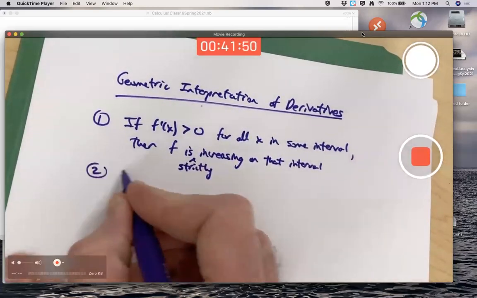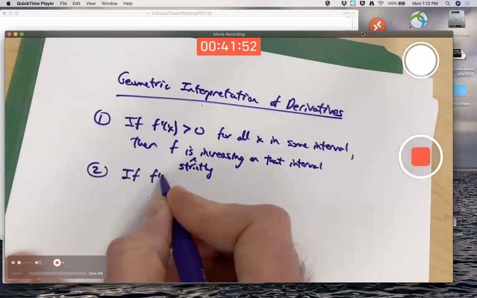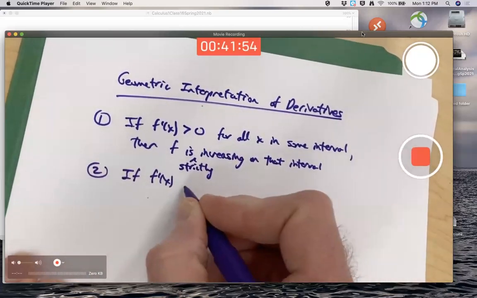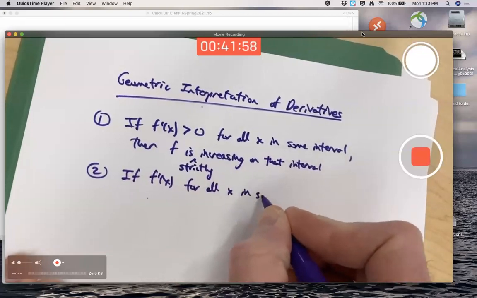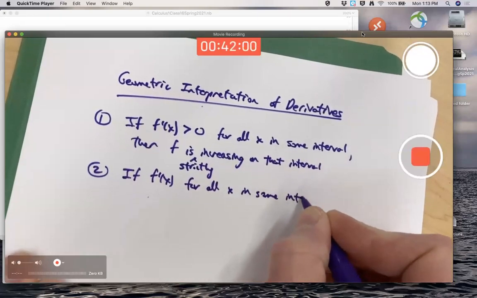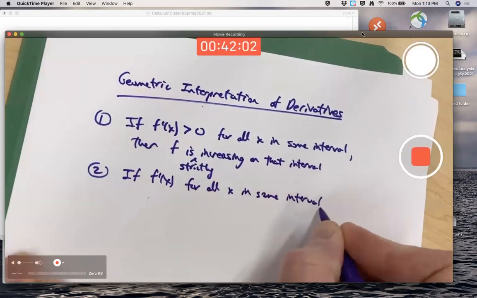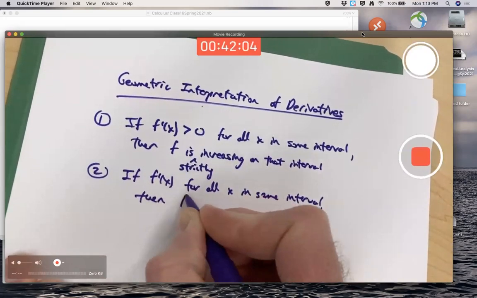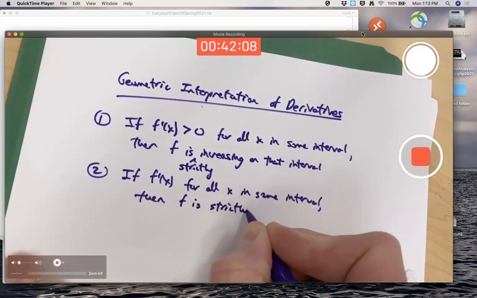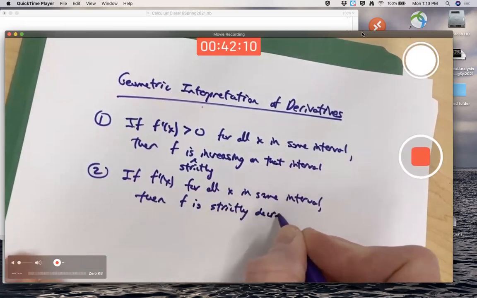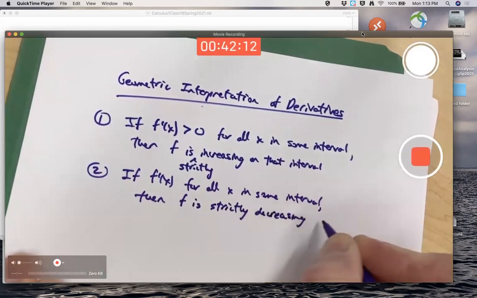On the other hand, if the derivative is always negative for all x in some interval, then f is strictly decreasing on that interval.